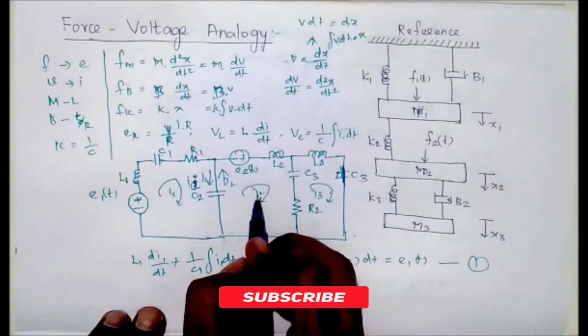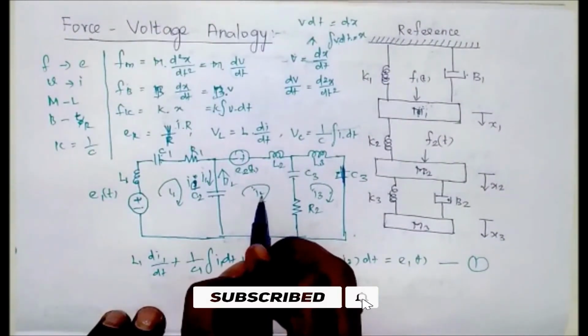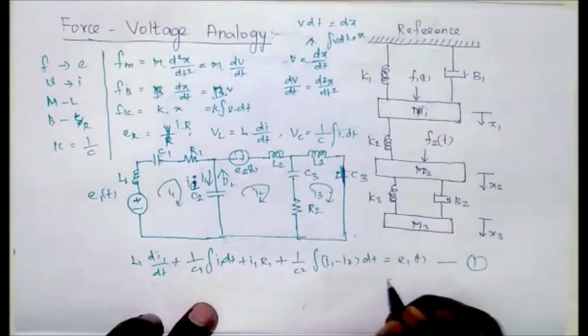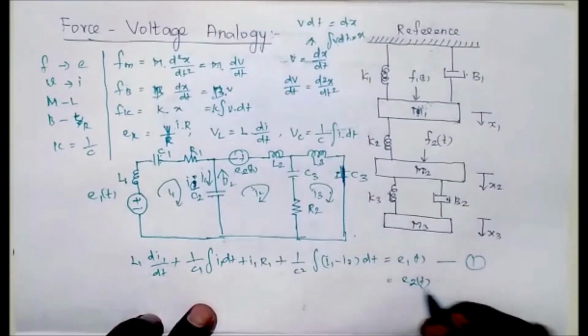Now we consider the second loop and write its voltage equation. For this loop, the supply voltage is E2 of t.